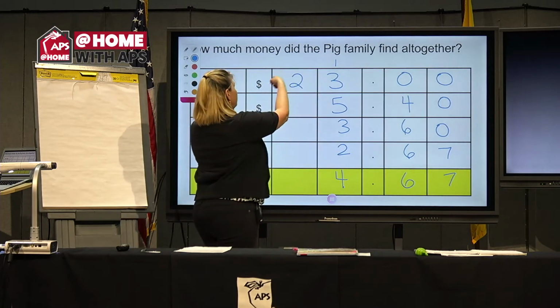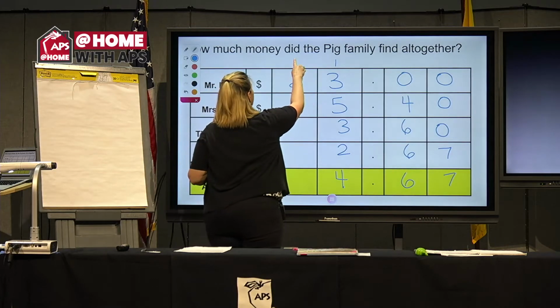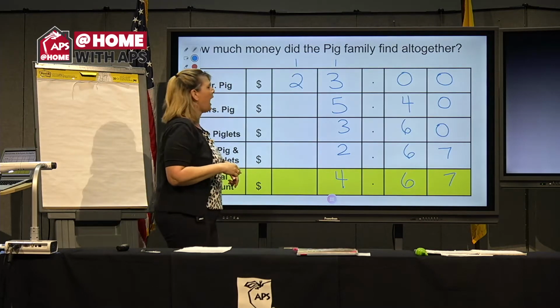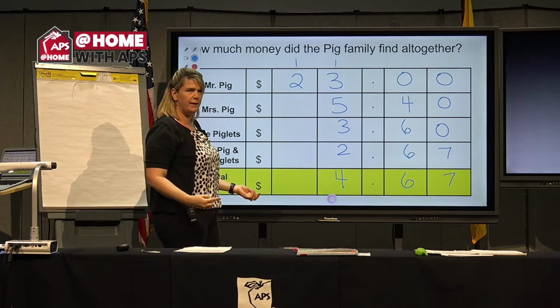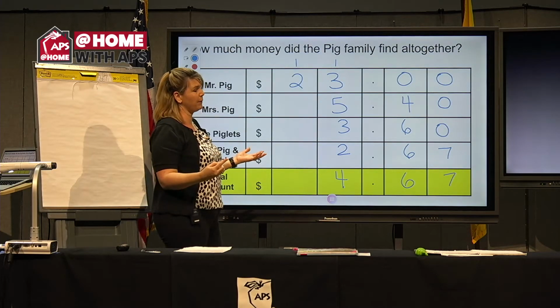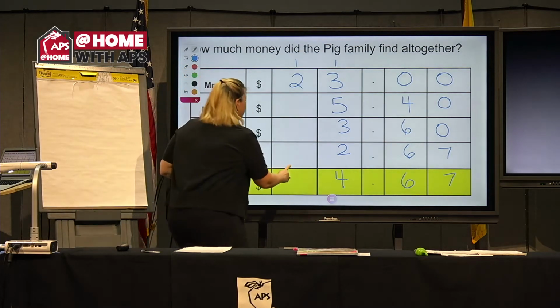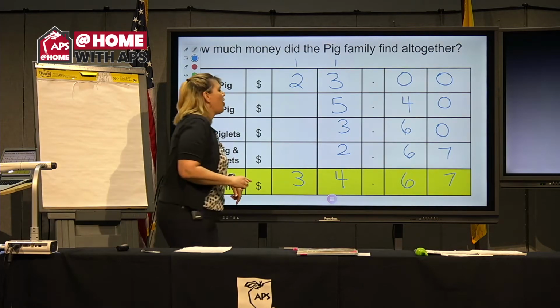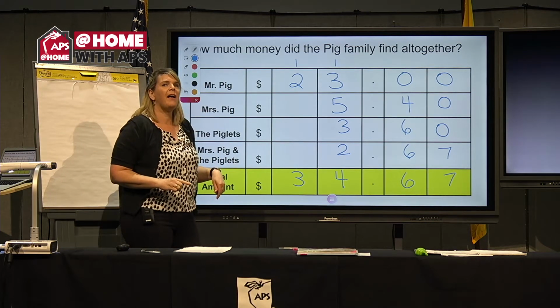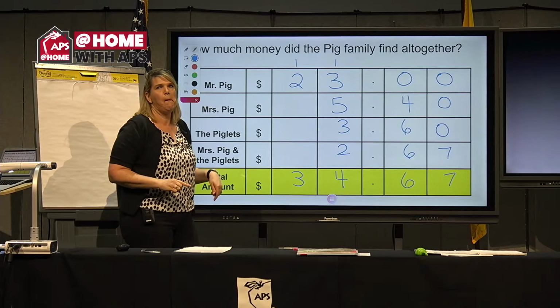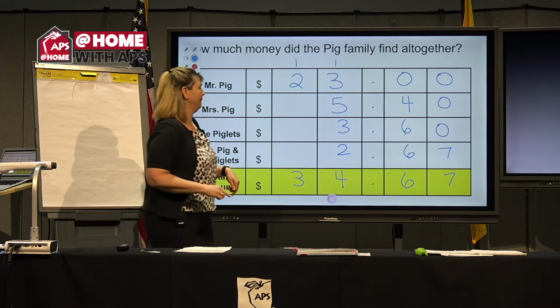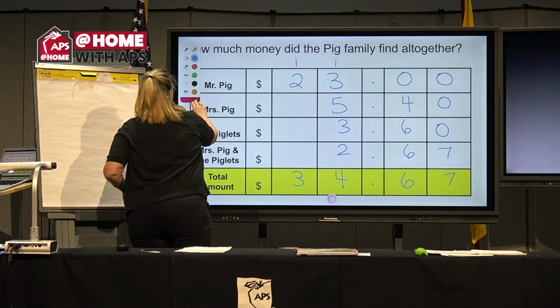Oh, we have to put that into our tens, right? And our $10. Okay, so that leaves how much money in his tens that he had, or that the family found? 30, right? They had $34.67. Wow, that's pretty good money. I like that. All right.